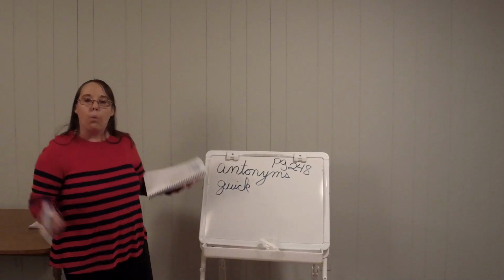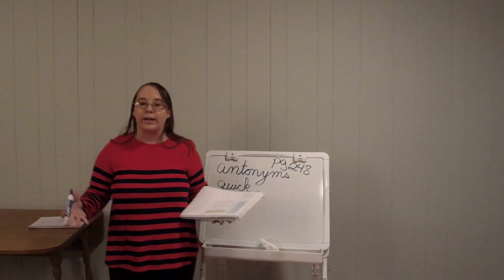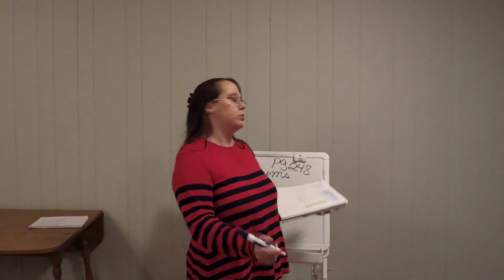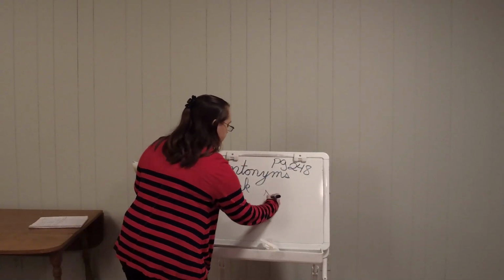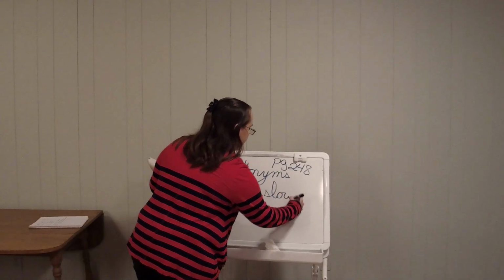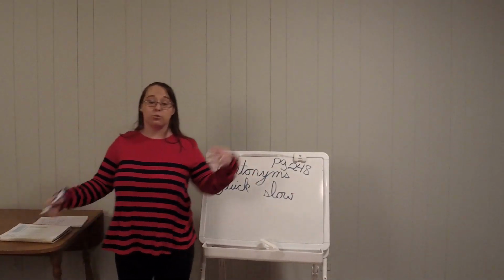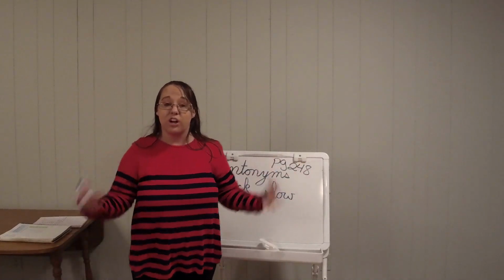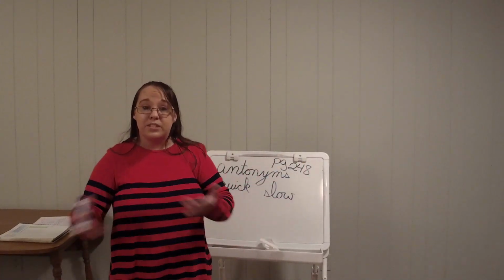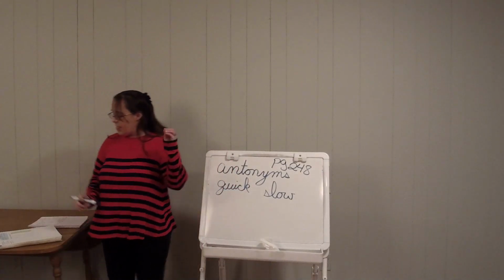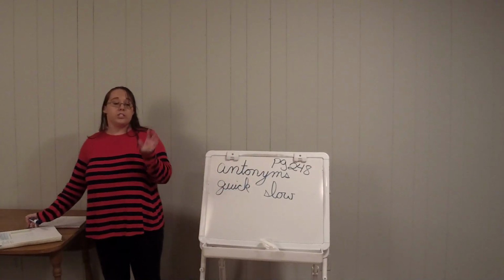Okay, if someone is quick, what is the opposite of quick? It would be slow, like a turtle. Think about the tortoise and the hare. Supposedly the hare was really fast and the turtle was really slow. So that's the opposite. They're the opposite of each other. Okay, class? So that's the main thing you need to know for an antonym.